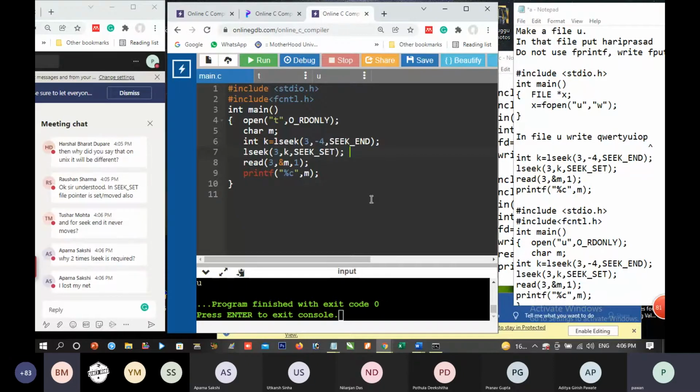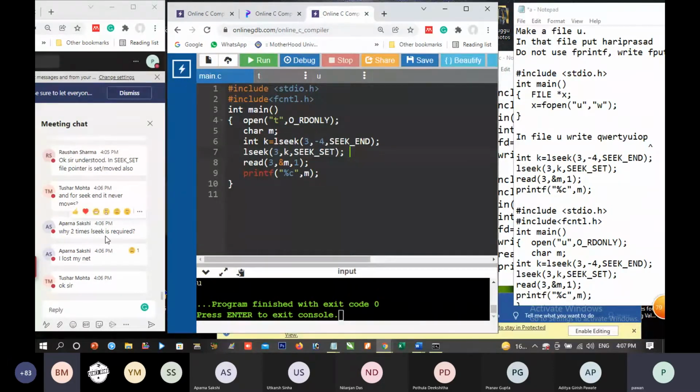Yes. Is your doubt clear? Oh, okay. Why are 2 times LSEEK required? First time to get the position and the second time for the movement of the file pointer. What else is your doubt?